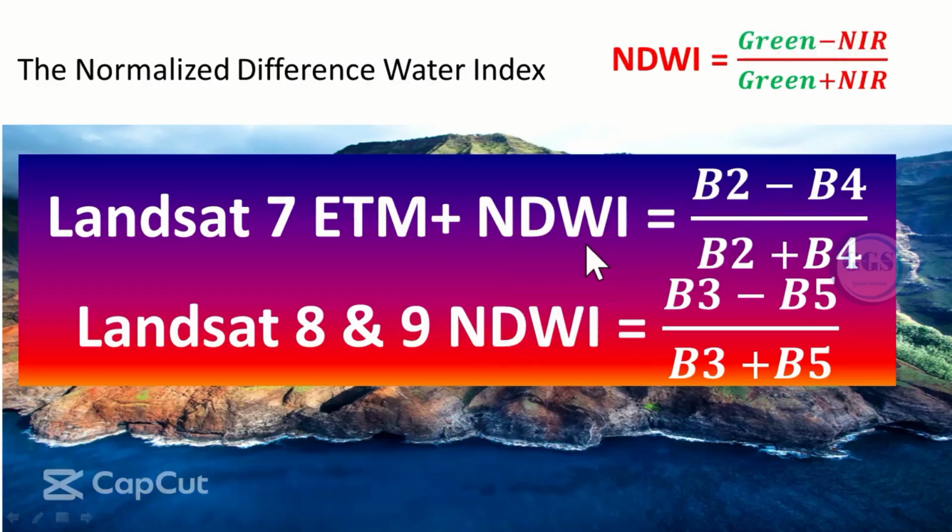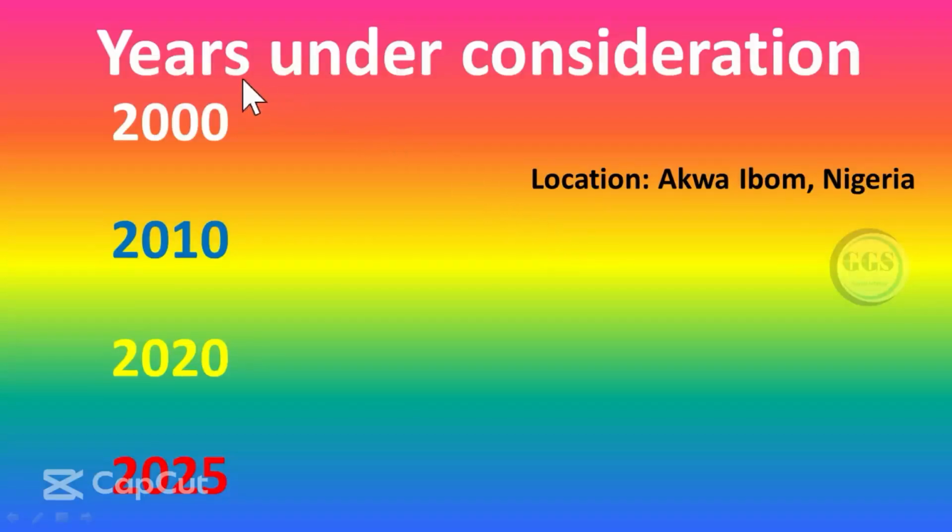In the previous video, I've shown you how to download the satellite image for this exercise, and the image is in the file that will be in the description box. And these are the years under consideration: year 2000, 2010, 2020, and 2025, and our location is Akwa Ibom in Nigeria.